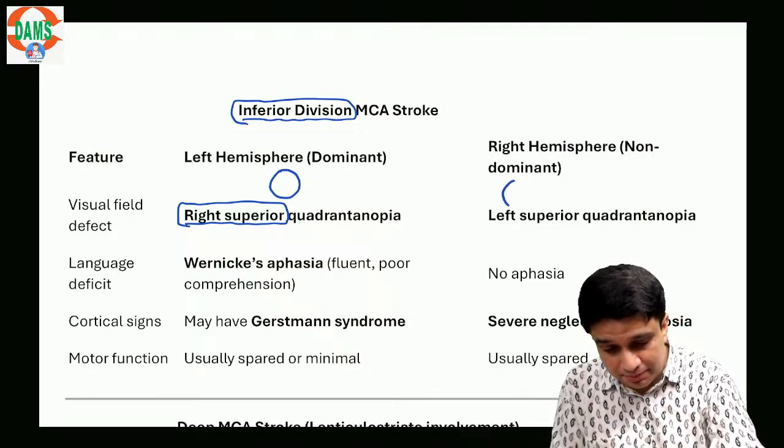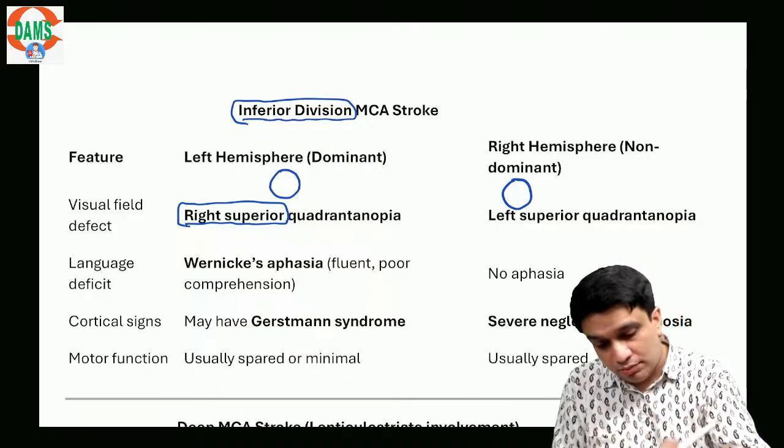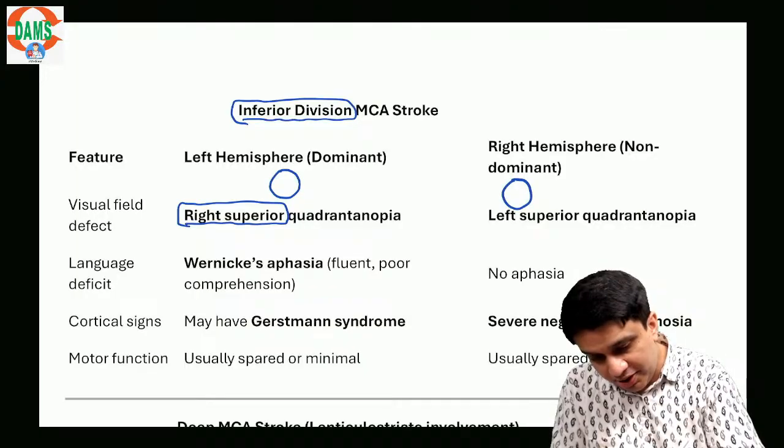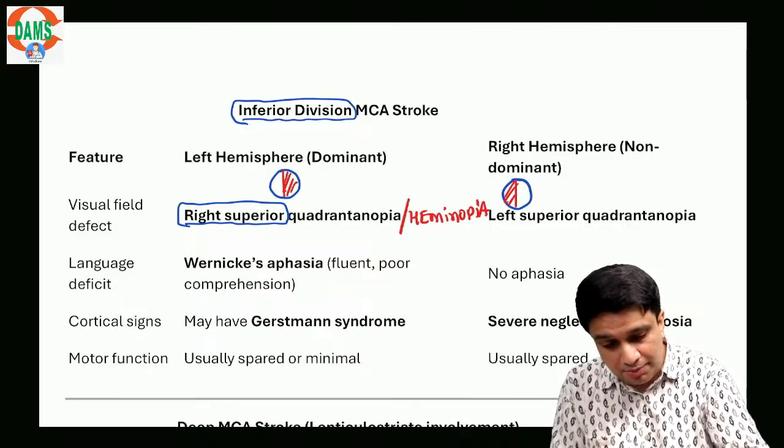Please tell me. So not only quadrantanopia, in the patient we will find what? Hemianopia. Because of the visual radiation, not only parietal, temporal is also involved.